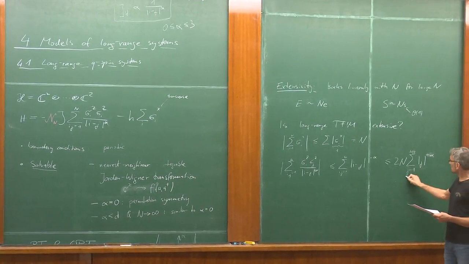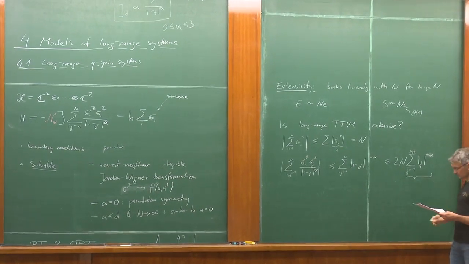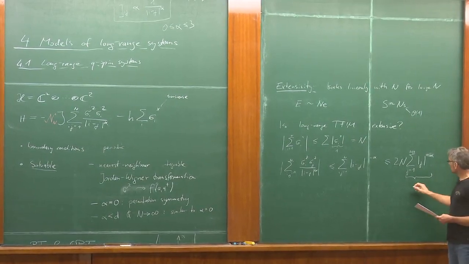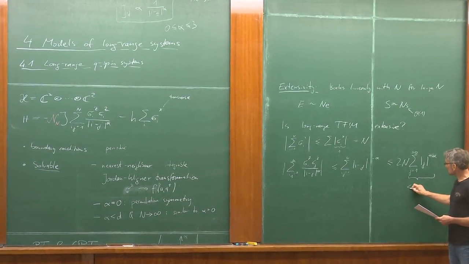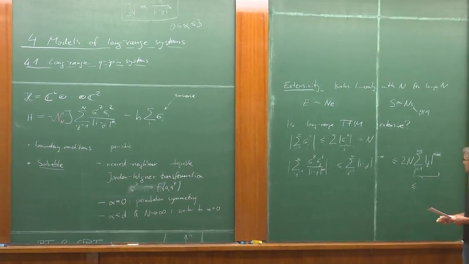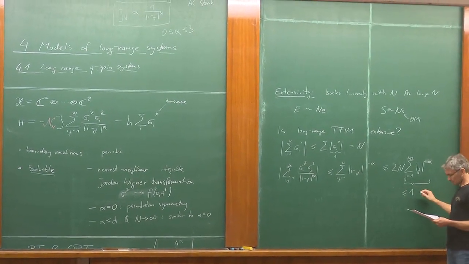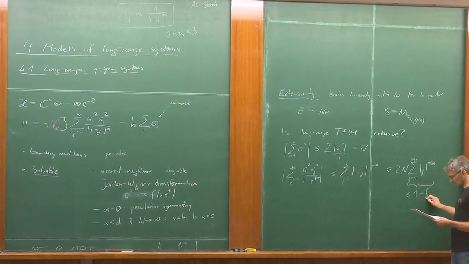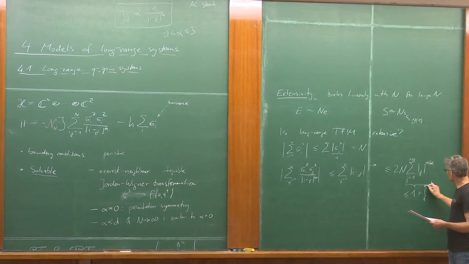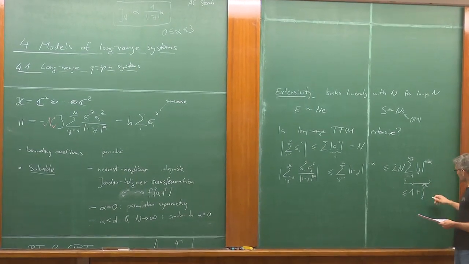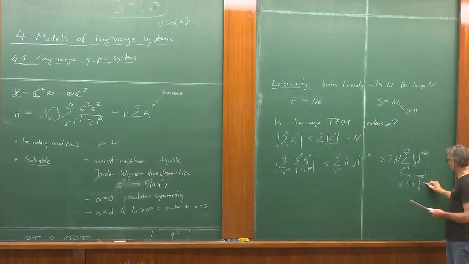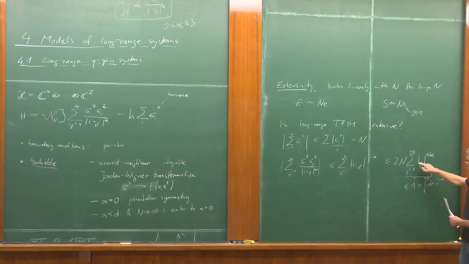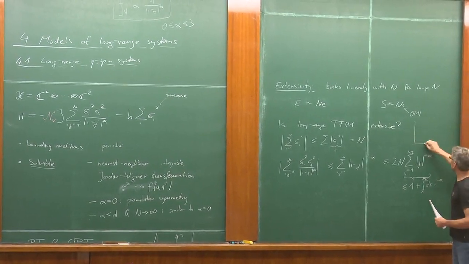And now for this sum here, we can do an integral approximation, which I can construct as an upper bound. I'll write down in a second what I'm doing. Let me first write down the result: the integral from 1 to n over 2 dr r to the minus alpha. If you take this sum here, it's really super easy.